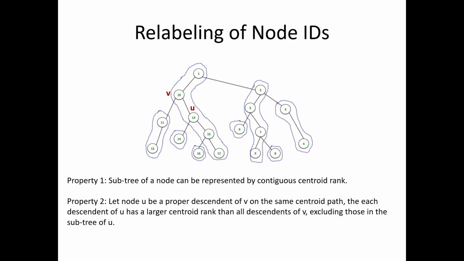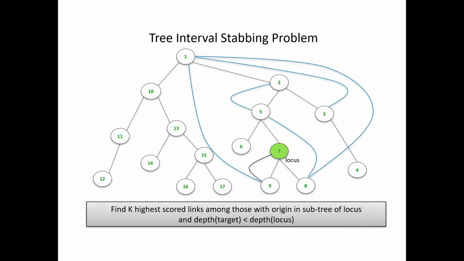Then each descendant of U, which is this, has a larger centroid rank than all descendants of V except those in the subtree of U. So this comes last if I look at this subtree. What does this do? It actually allows us to steal one of the constraints out. Because we had the range constraint earlier, which is a two-sided constraint, now it just becomes one-sided because we are not going to worry about that.